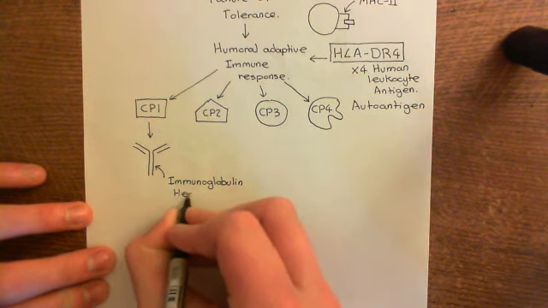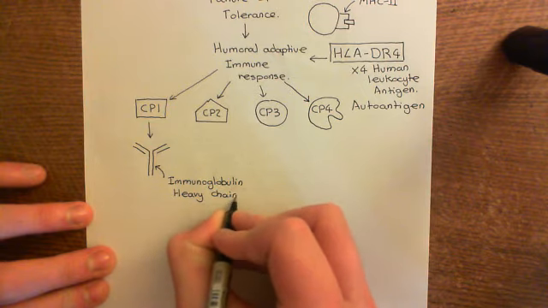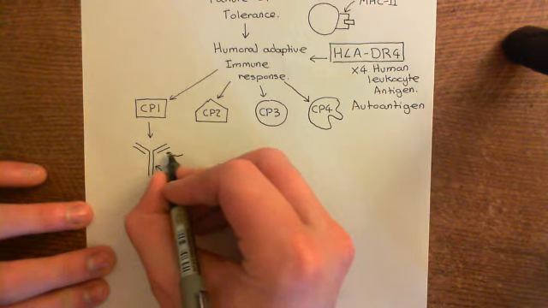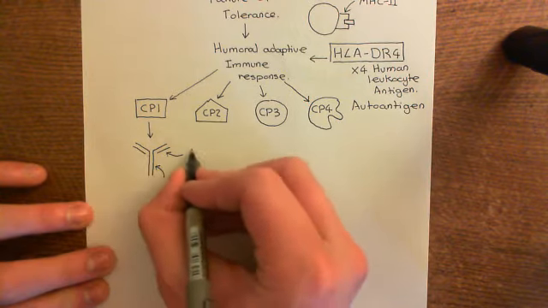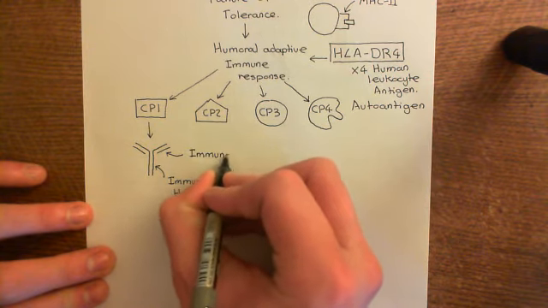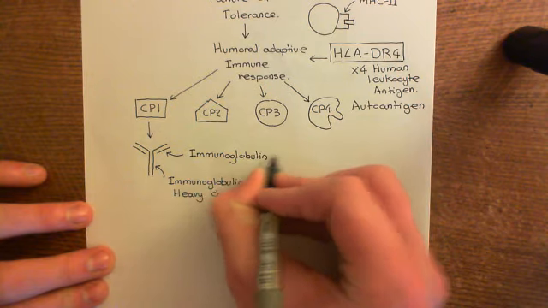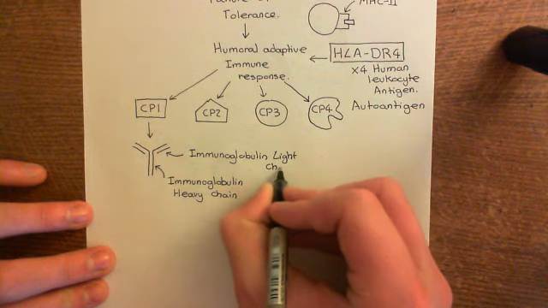So immunoglobulins consist of 2 immunoglobulin heavy chains and then 2 immunoglobulin light chains. This is an immunoglobulin light chain and this is an immunoglobulin light chain.